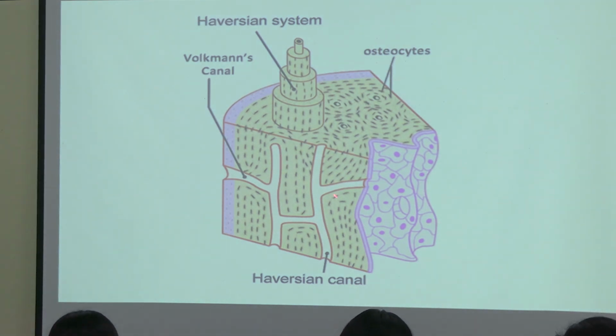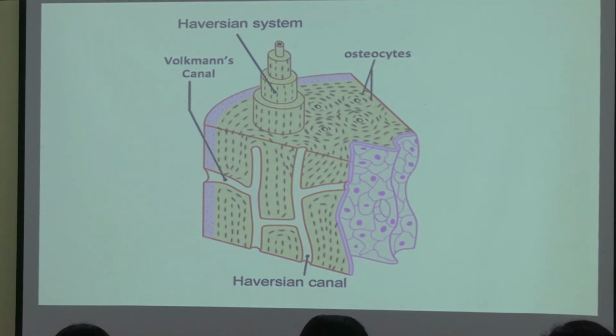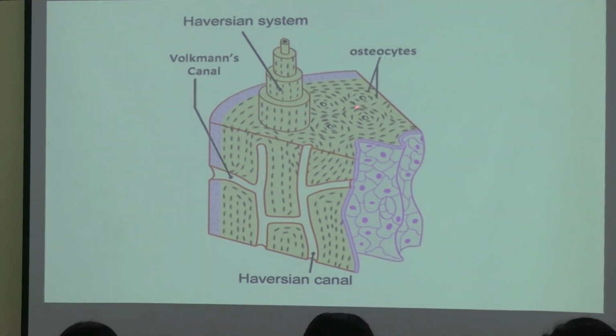Okay. Here the marrow cavity is present. You can see this is the Haversian canal. This Haversian canal connects with the marrow cavity and with the exterior with the help of a canal called Volkmann's canal. And here you can see this is the periosteum. Now, can you see this concentric arrangement?